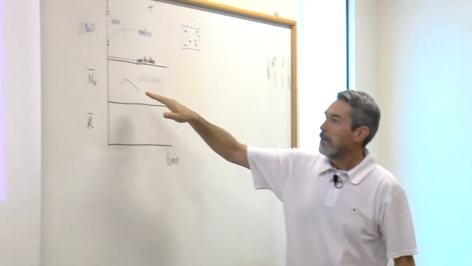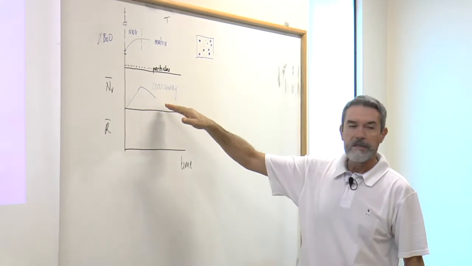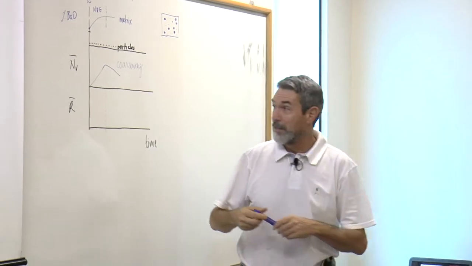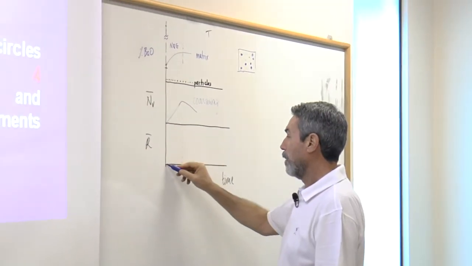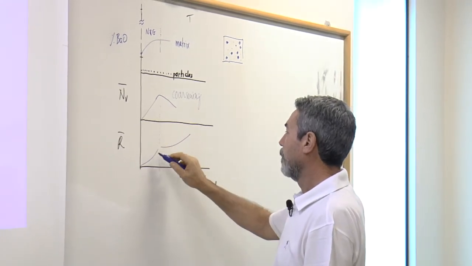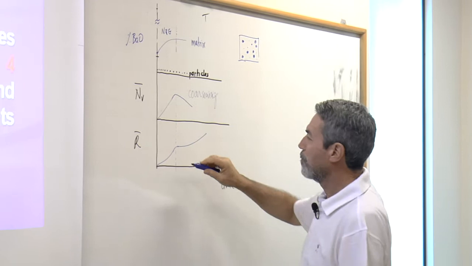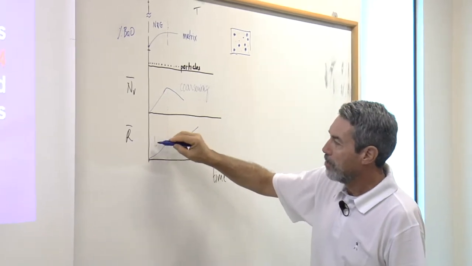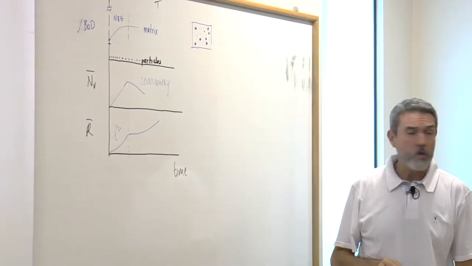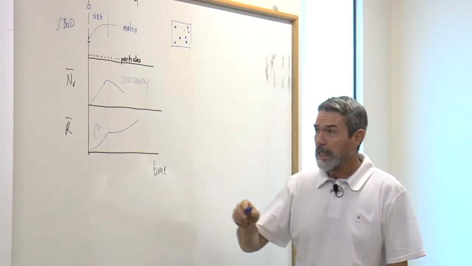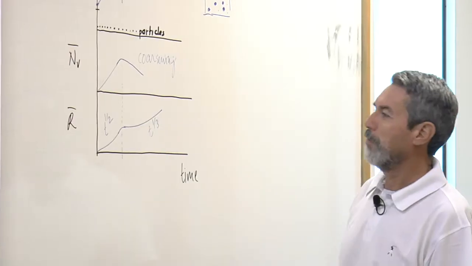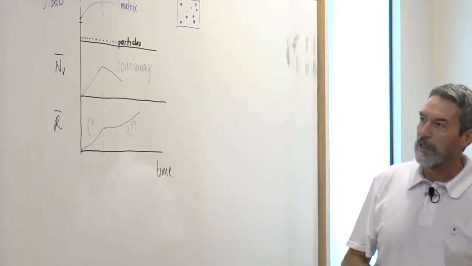The number starts to decrease, but the average radius never decreases. The average radius grows from here to here, with some transition. It is known that it grows with the square root of time, and then it continues to grow with the cube root of time in the coarsening stage.